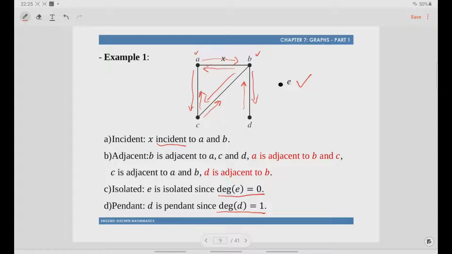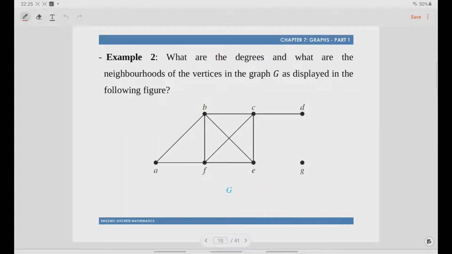Alright, we move to the second example. The question: what are the degrees and what are the neighborhoods of vertices in the graph G displayed in the following figure? This question asks for two different tasks.